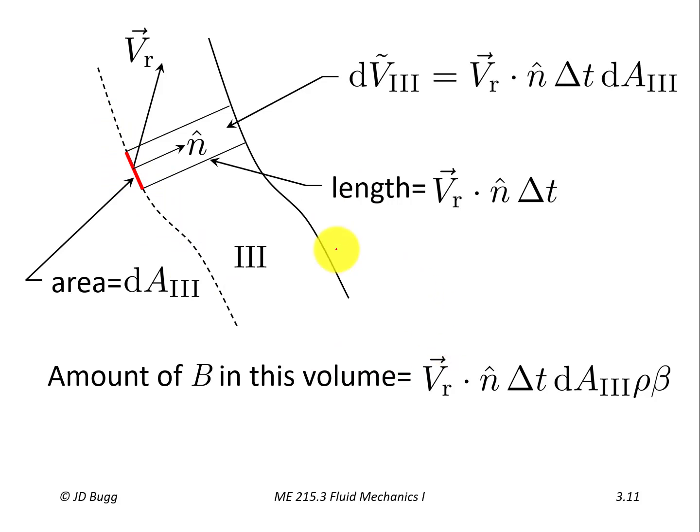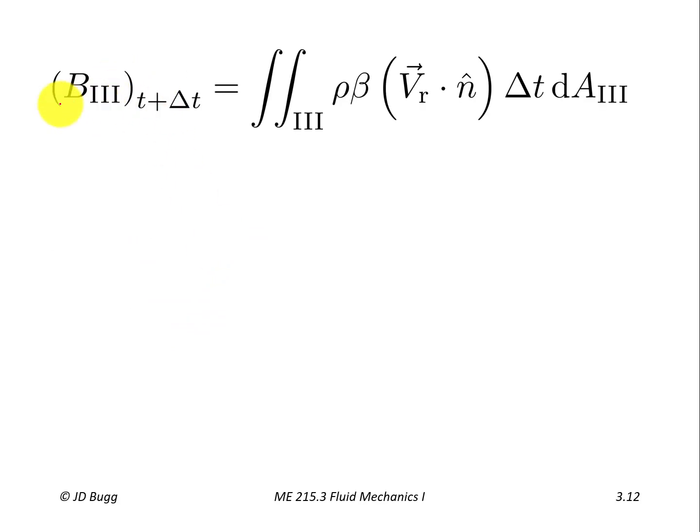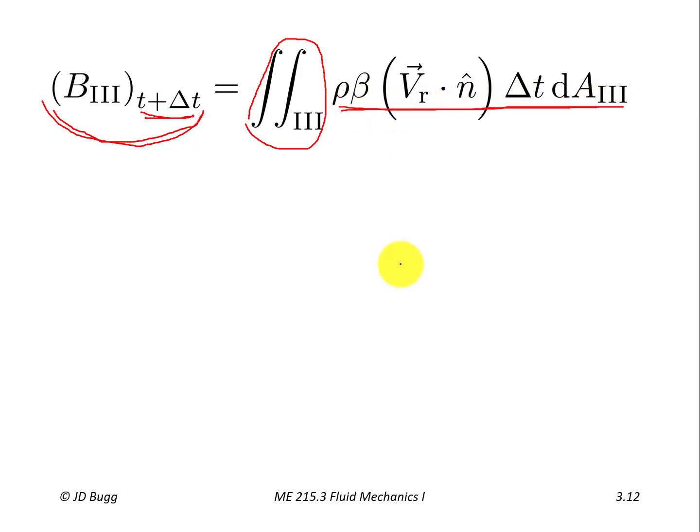So what we've got now is the amount of B in this small control volume. So what we need to do to get the total amount of B is add up all of those volumes, or add up all of these areas over the entire surface. So that's what we're going to do next. So the amount of B in region 3 at t plus delta t is the integral over region 3 of that quantity that we came up with on the previous slide.